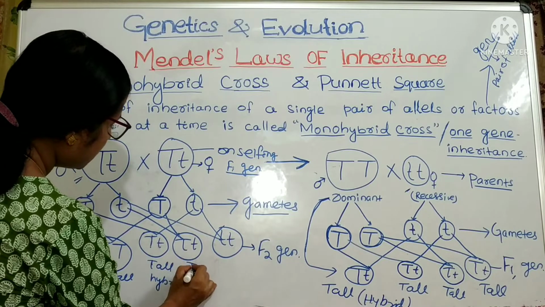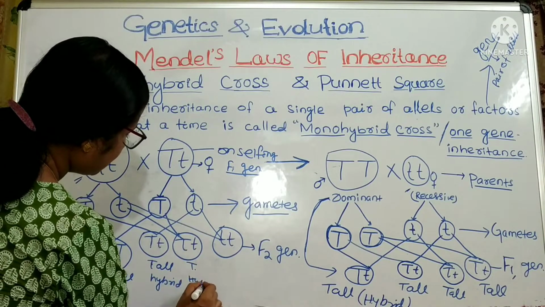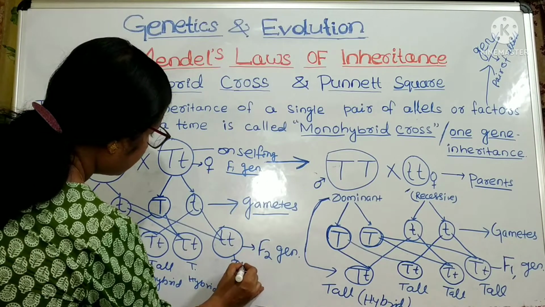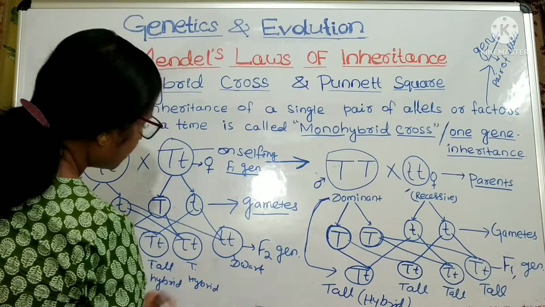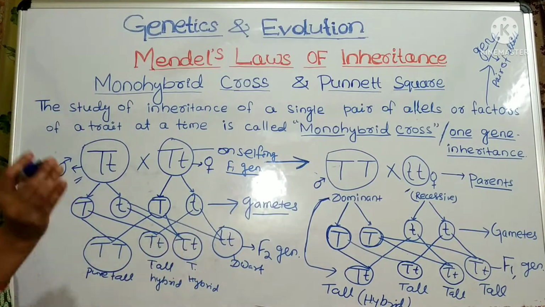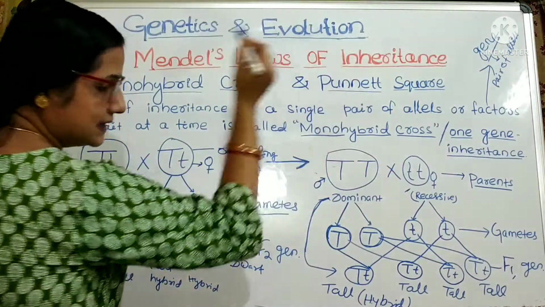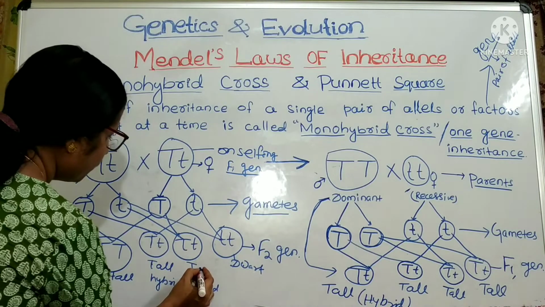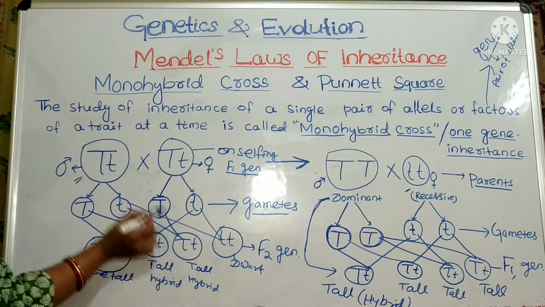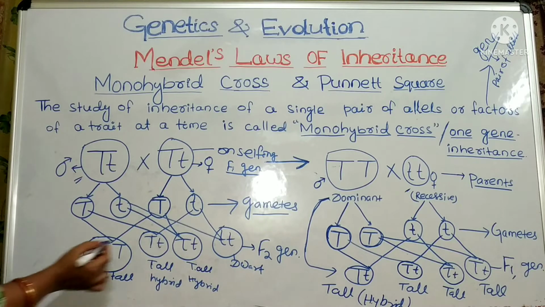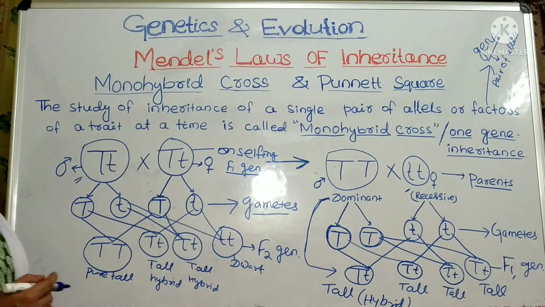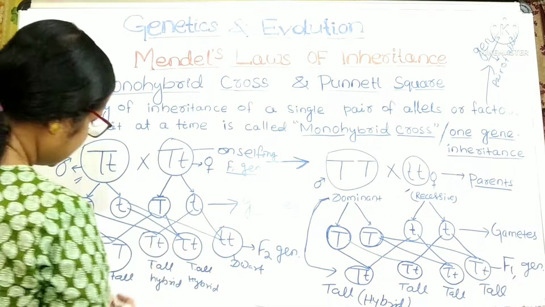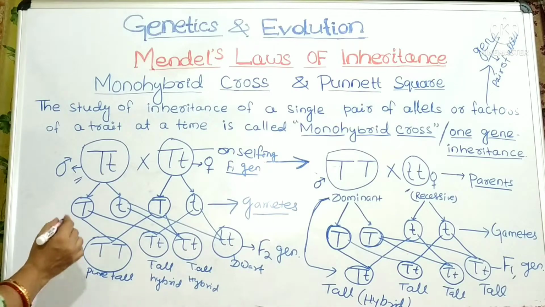Here also this is tall but hybrid, and this is dwarf or short plant because it contains only small t, that is recessive, so it is dwarf. So we can see here three tall plant and one dwarf plant, and the phenotype of all the plant is three tall and one dwarf.